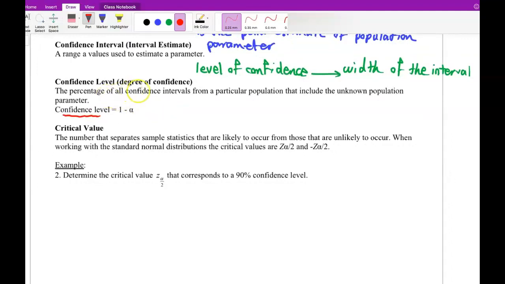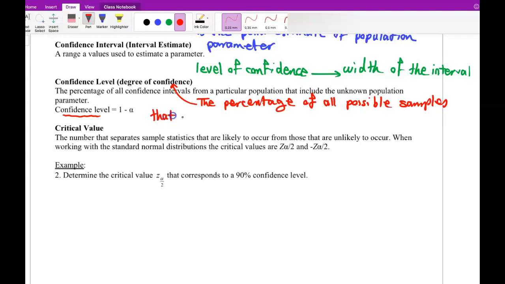We call this the confidence level or degree of confidence. What that means is the percentage of all possible samples that can be expected to include the true population parameter.